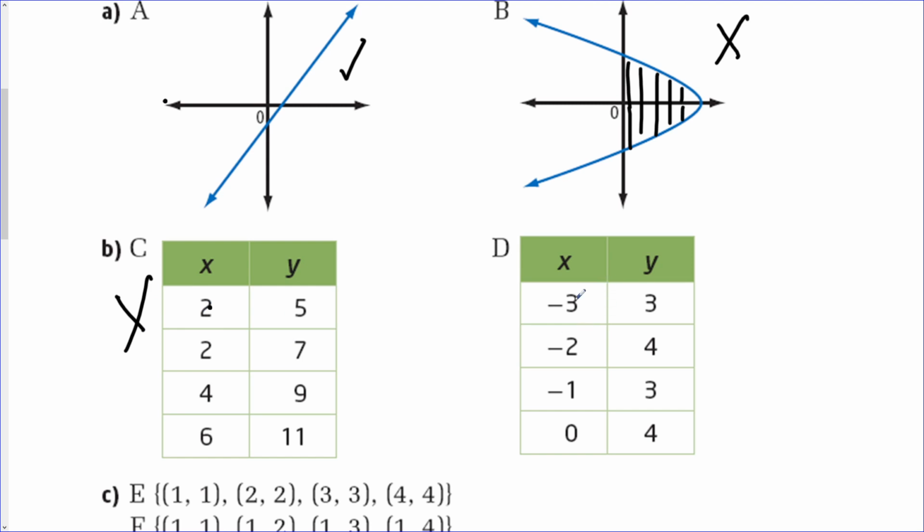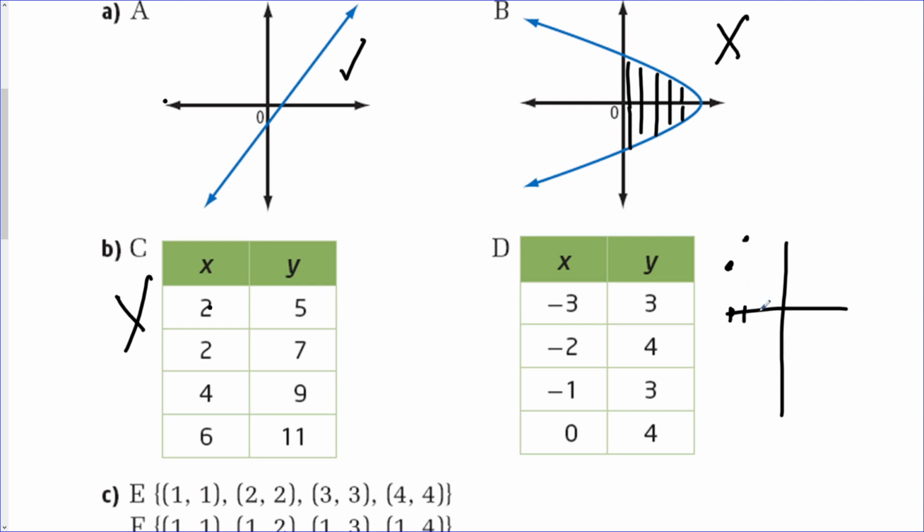D, I have -3, -2, -1, and 0. So I have 4 completely different x values. You'll notice the y values alternate back and forth. At x is -3, y is +3. At x is -2, y is +4.